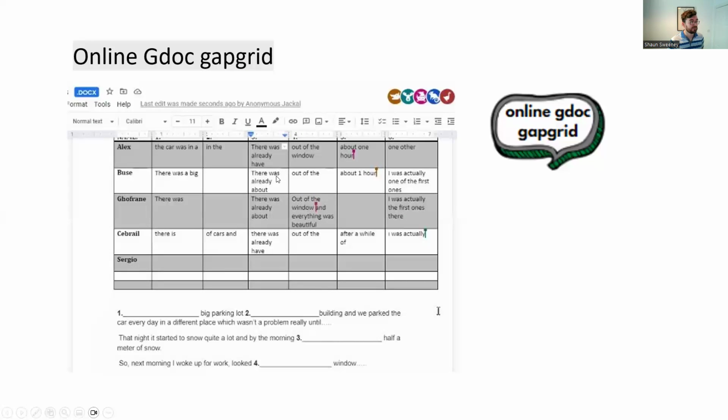There was already have, there was already about. Nice split there. I imagine the answer is about. Okay, but at that point you would pause and ask the learners, what did you hear? And also validate what they think they heard, because there is a possibility that the auditory signal sounds very much like what they've written down.